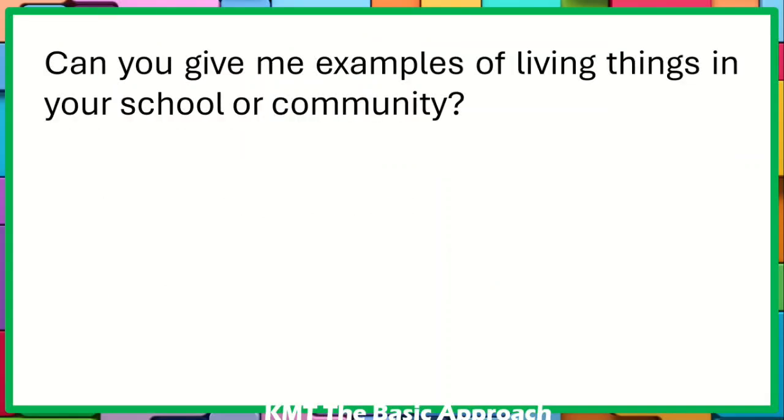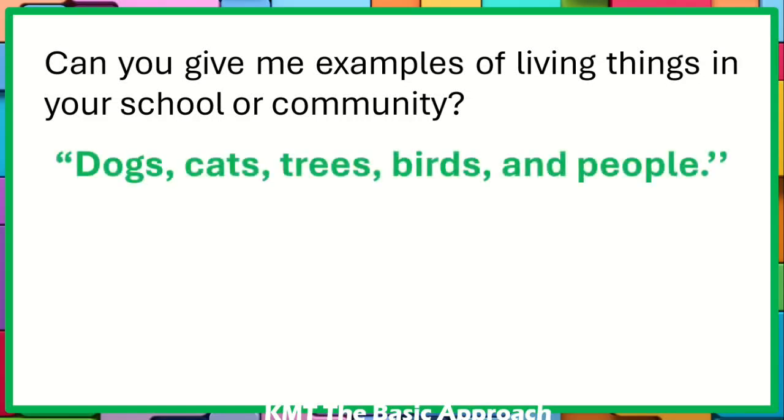Can you give me examples of living things in your school or community? Good job! Dogs, cats, trees, birds, and people are examples of living things in our school or community.